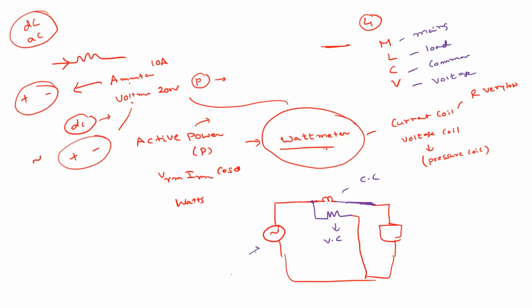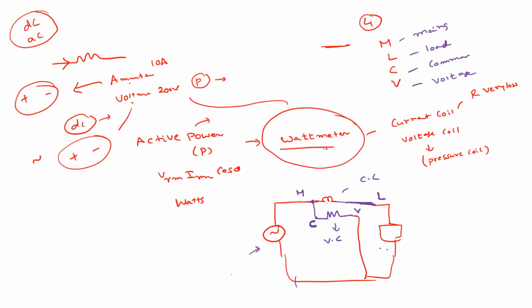These are the main supply. M will go here, and this is the load here. And another one is common. We are measuring the voltage between, so this coil is connected across the load, so C here, and V here, voltage.